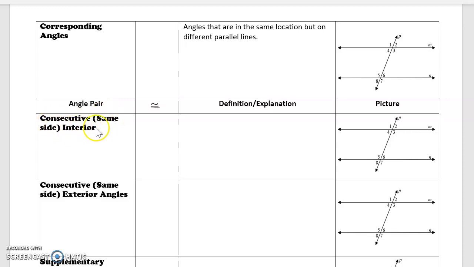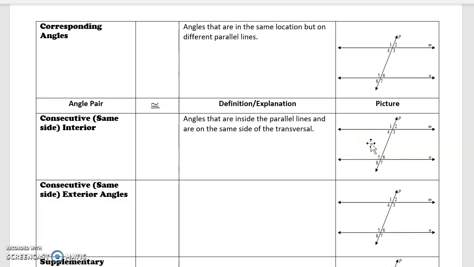Teacher's going to pause the video so that you guys can tell what you think consecutive same side interior angles are. Good job. So consecutive same side interior angles are angles that are inside the parallel lines and are on the same side of the transversal.